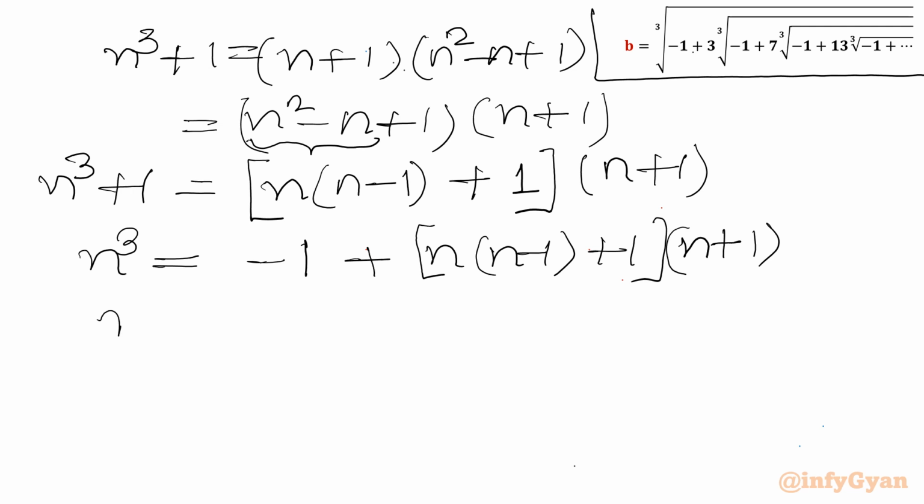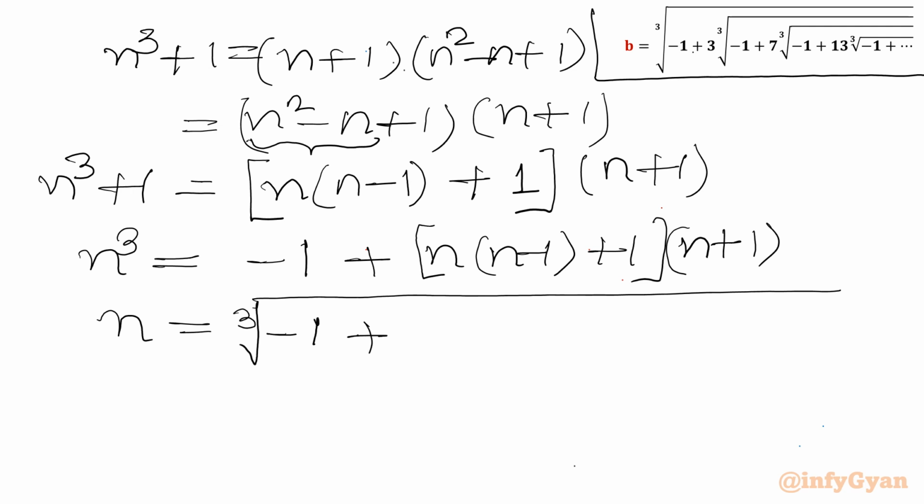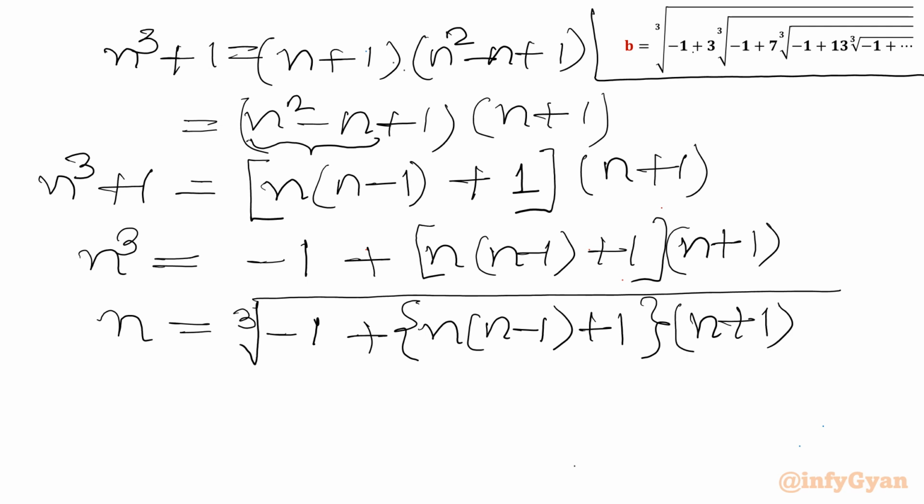Now I will consider cube root on both sides, so our formula will be ready. Cube root of negative 1 plus n minus 1 plus 1, product with n plus 1. This is our formula. Let's apply it to figure out b.